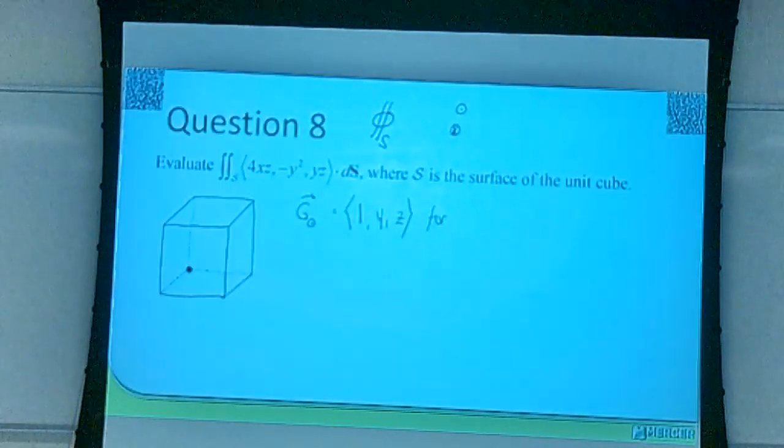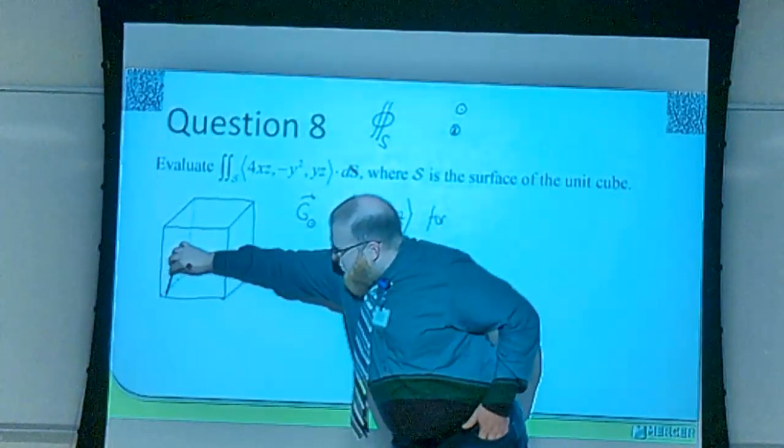What does y go from for the front? Remember, y is the horizontal. Y is 1 and 0? Yes, that's the parameterization. Now I need the domain. On the front facing, what does y go from?